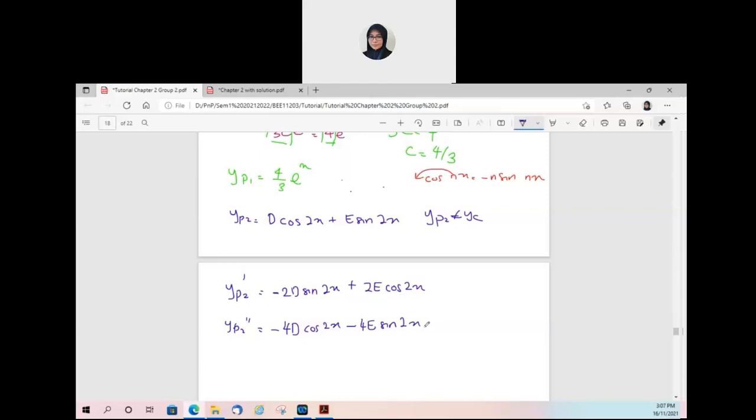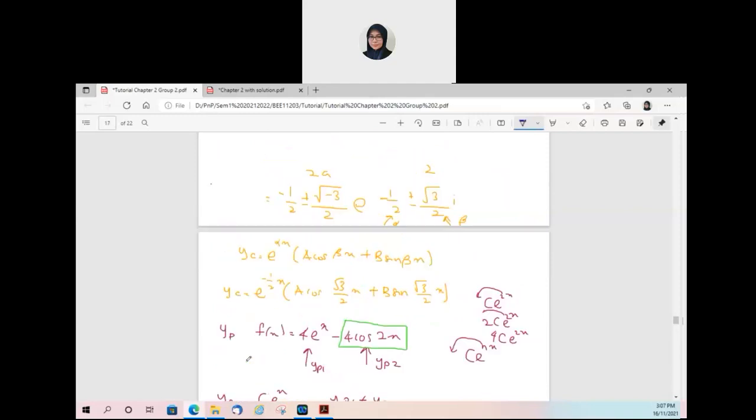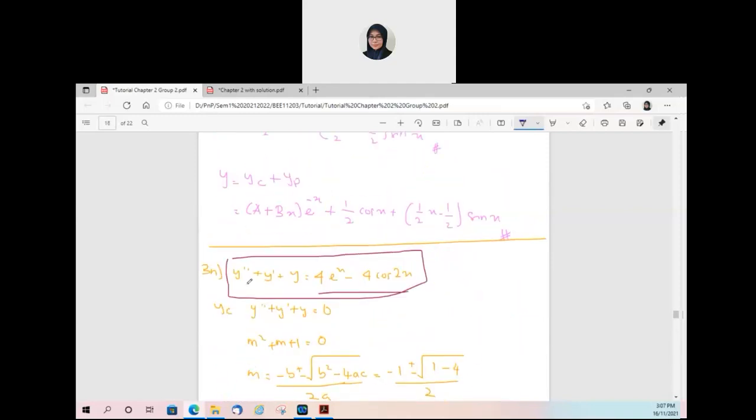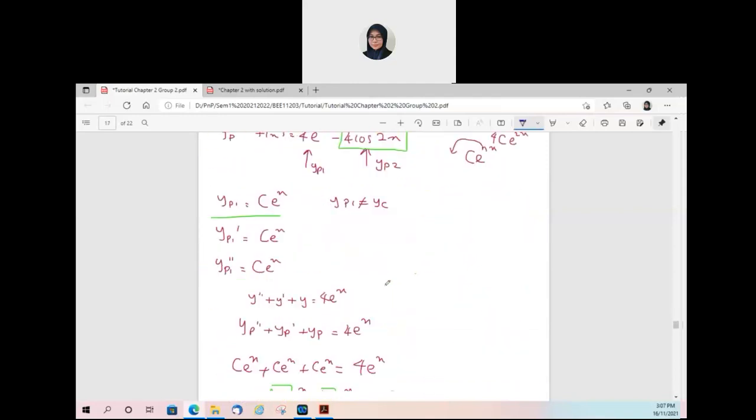Okay, so now we want to find what is D, what is E. Therefore, we will use the equation Y double prime plus Y prime plus Y equals to minus 4 cos 2x.